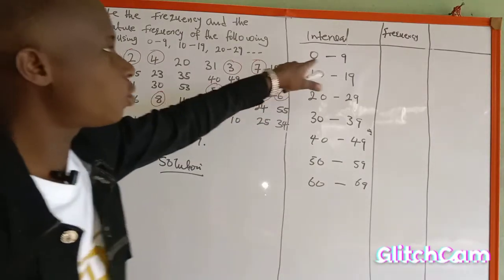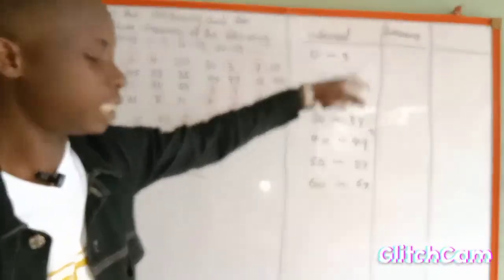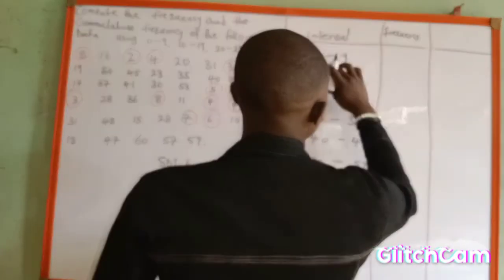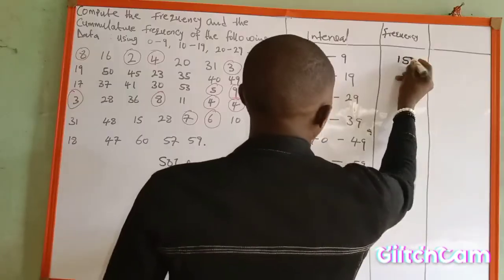That is 15. So between 0 to 9 in this data there are 15 numbers.